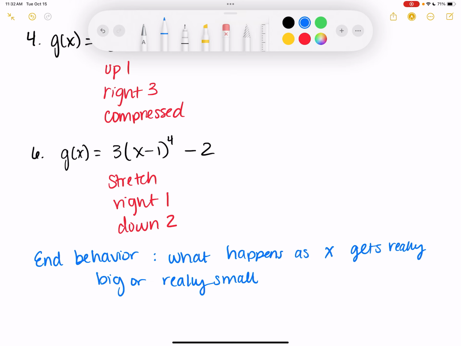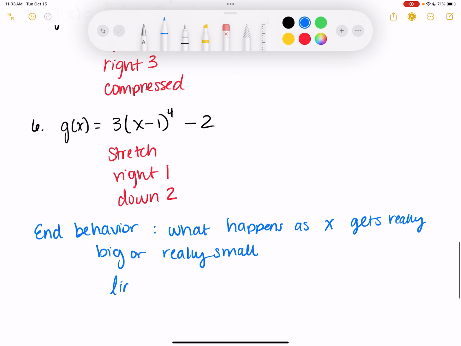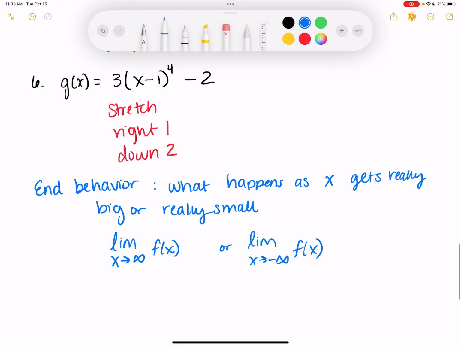And so we would write it as essentially the limit as x approaches infinity of f of x, or the limit as x approaches negative infinity of f of x. When I'm doing these problems, I think, okay, if I were to plug in 500, then what's happening to this function?